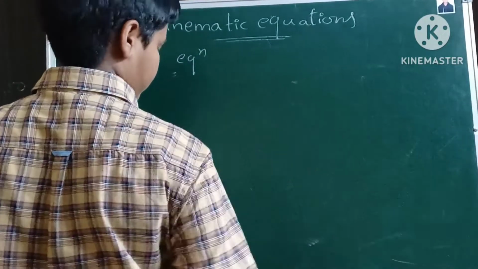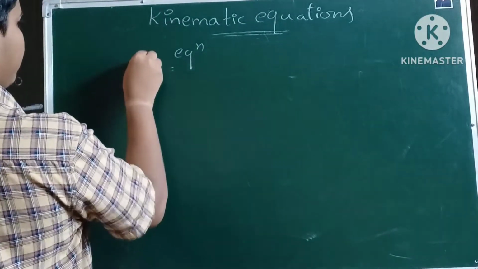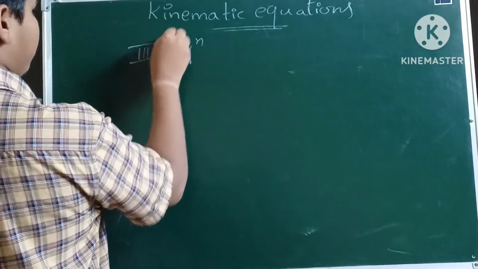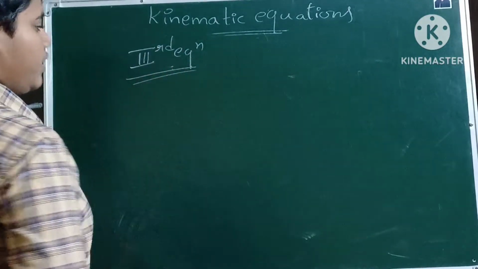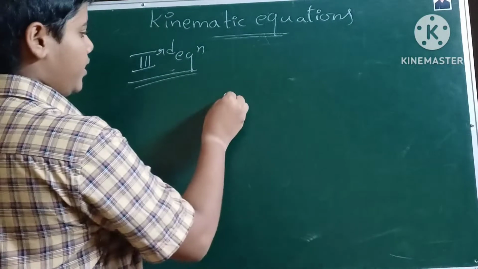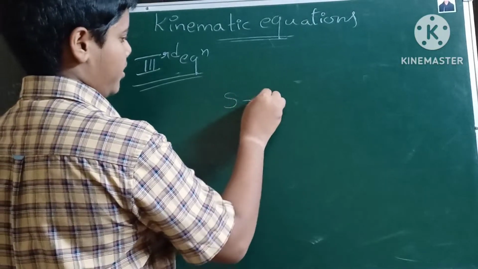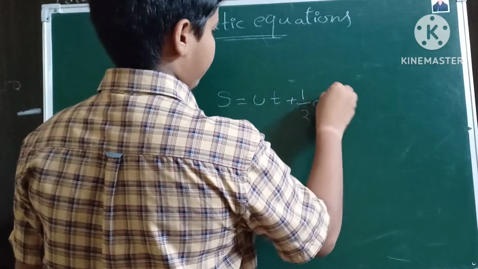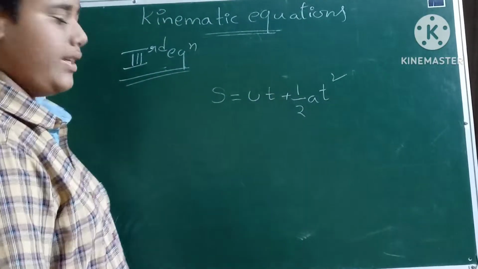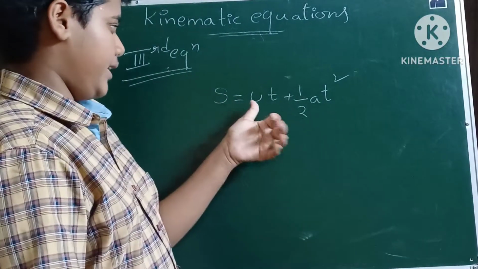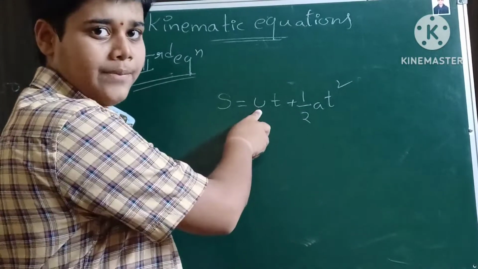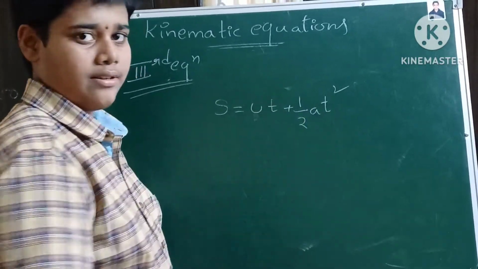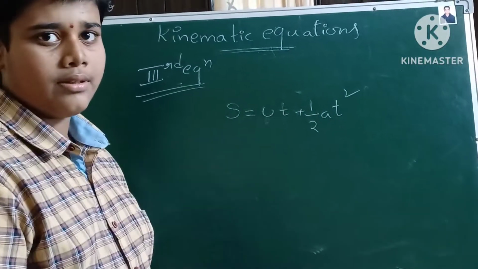The third equation is S is equal to ut plus half at square. Here they give initial velocity, time, acceleration and distance.